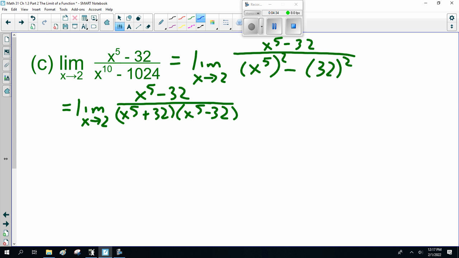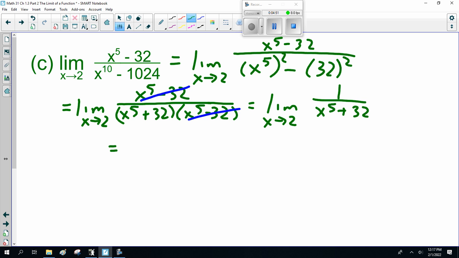But all of a sudden, stuff cancels out. Now, x to the 5th is 32, so that's 1 over 64, I think. All right? So far, so good? Well, I hope so.